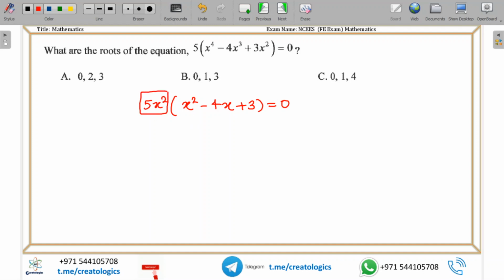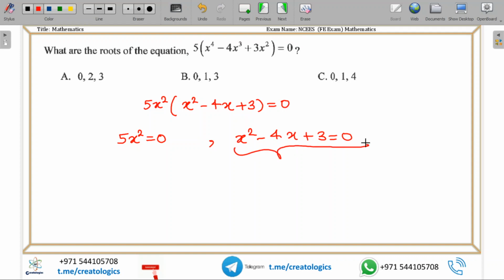First is this one and second is this one. Put those two parts equal to 0. So you get 5x squared equal to 0, as well as x squared minus 4x plus 3 equal to 0. If your calculator cannot solve a 4th degree equation, then obviously you can use this 2nd degree equation, using the quadratic formula in your calculator, or you can factorize it.